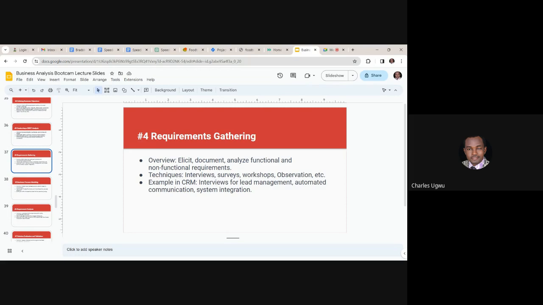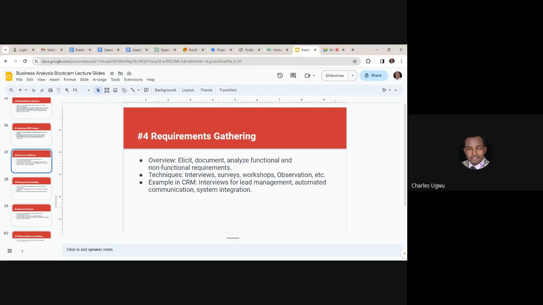Such as in CRM these days, you know that most of the areas where we capture lead is through social media like Facebook, LinkedIn, and Instagram.